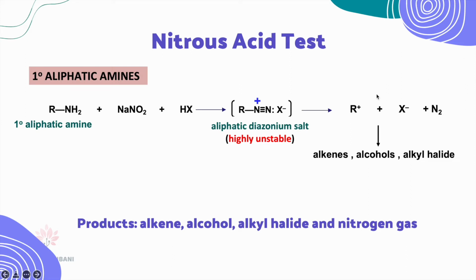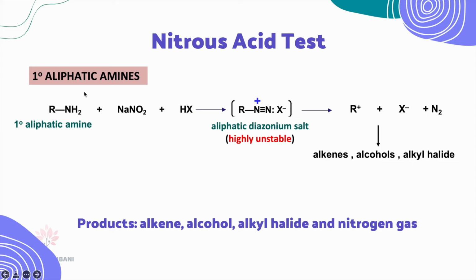The N2 will be released and the product will become R plus X minus. Alkene can be formed from R plus, alcohol and alkyl halide from X minus.